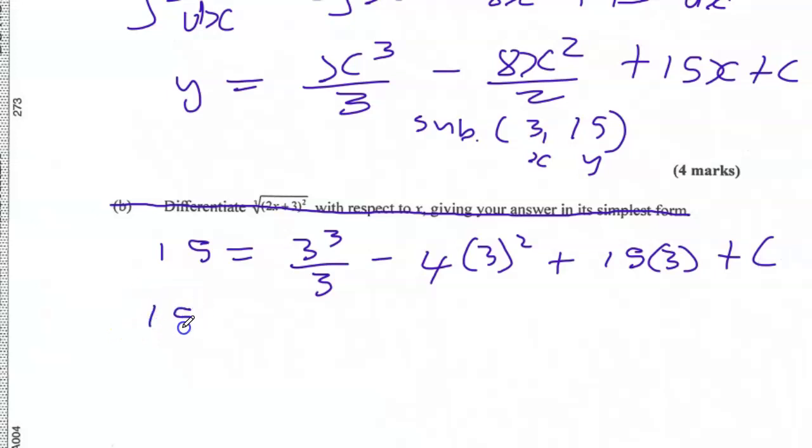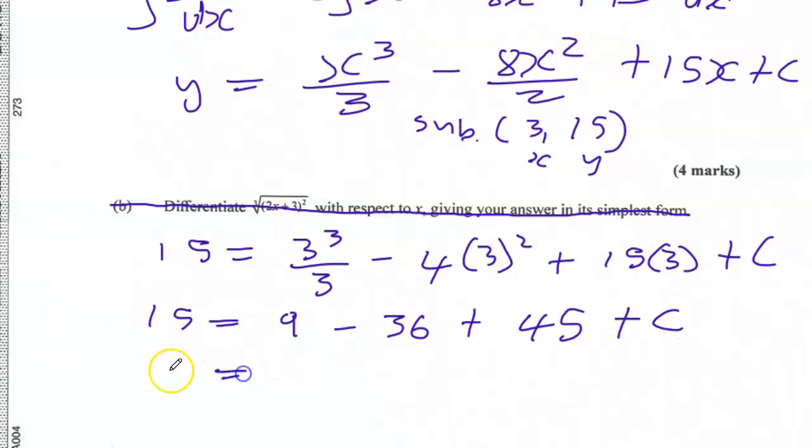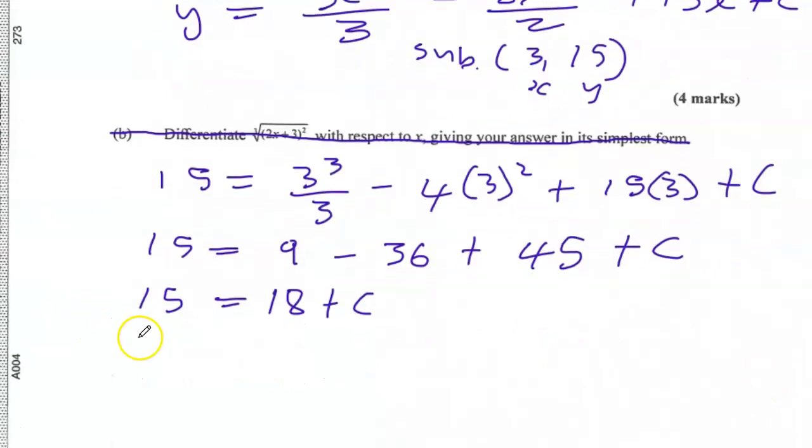So 3 cubed is 27 divided by 3 is 9, 3 squared is 9 times 4, that's minus 36, 15 times 3 is 45, plus c. So 9 minus 36 plus 45 is 18, so 15 equals 18 plus c. So here c will be found by subtracting 18 from both sides.